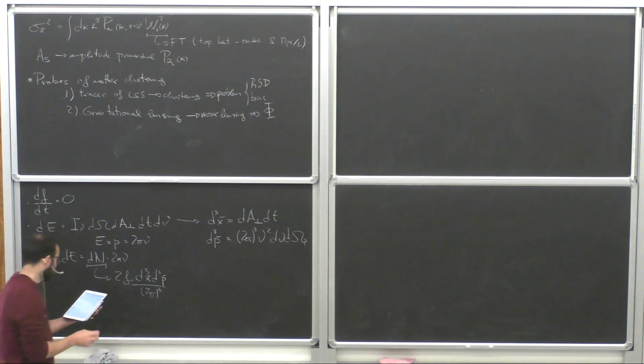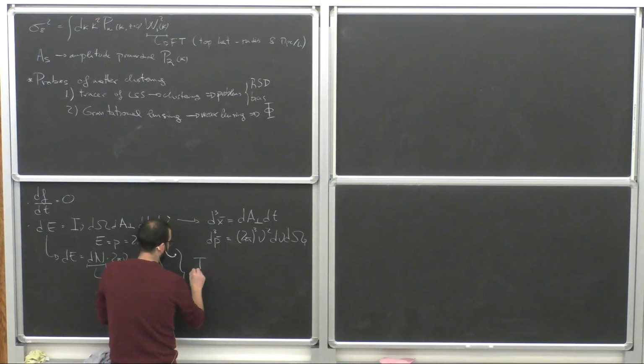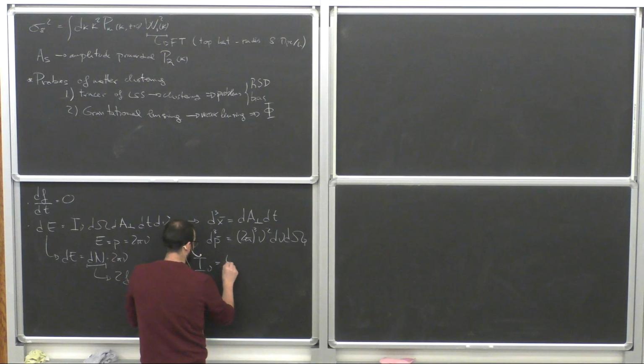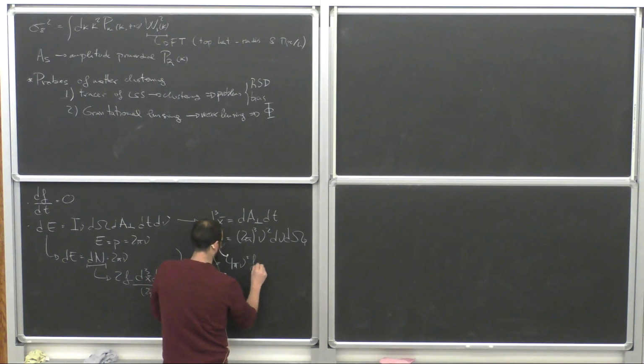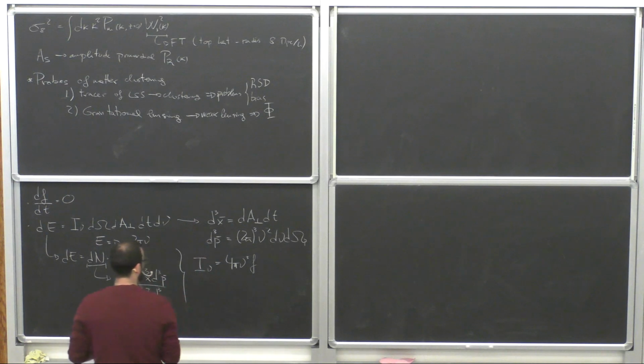So now, if we put all this together, what we have is that the specific intensity of the photon goes as 4 pi nu cubed times the phase space distribution.